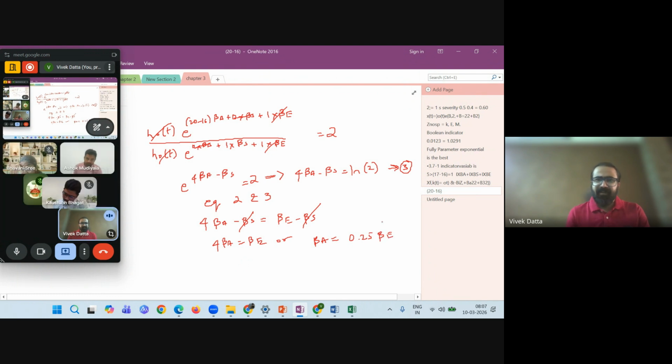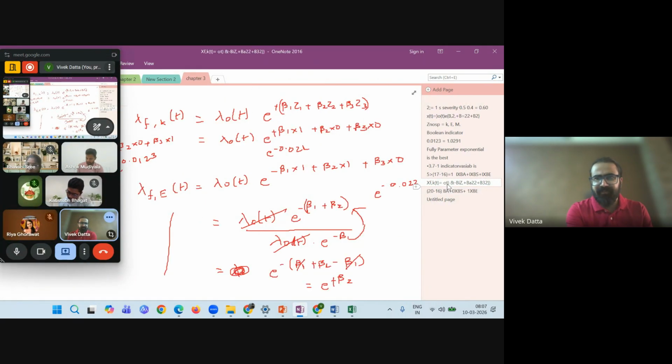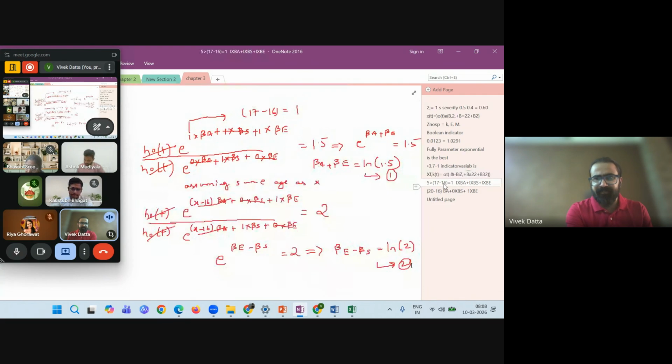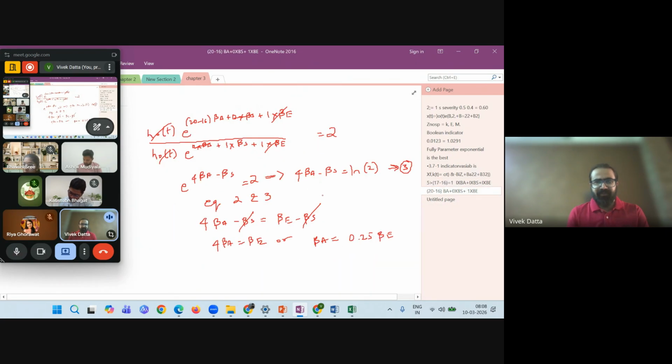Can I not put this in the equation beta a plus beta e equal to ln of 1.5? I know that from 1, beta a plus beta e is equal to ln of 1.5. This is what I've got, correct?